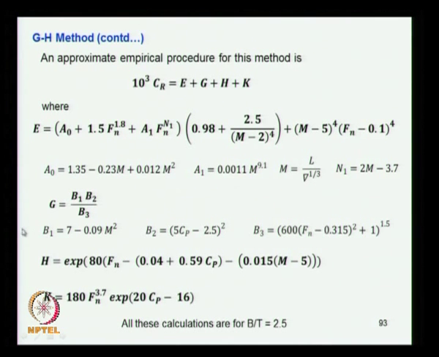Once you get all these parameters, you can find out what G is, and G will go here. Then you have H exponential as e power of these quantities here. Fn, Cp, M, all these quantities are known, H will be put here, then the K value depends on Froude number and prismatic coefficient.